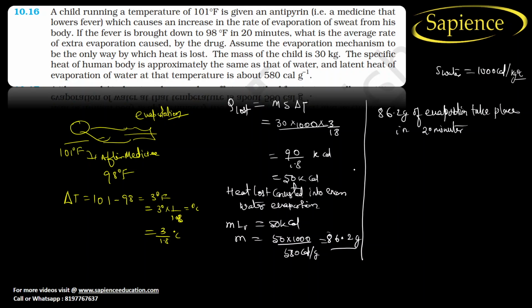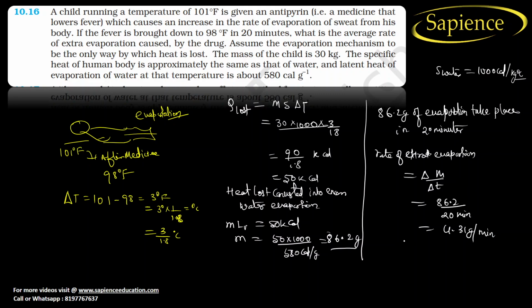Got it. So the rate of extra evaporation is how much? Rate of extra evaporation is equal to delta m by delta t. So this is equal to mass 86.2 divided by 20 minutes, which is 4.31 gram per minute.